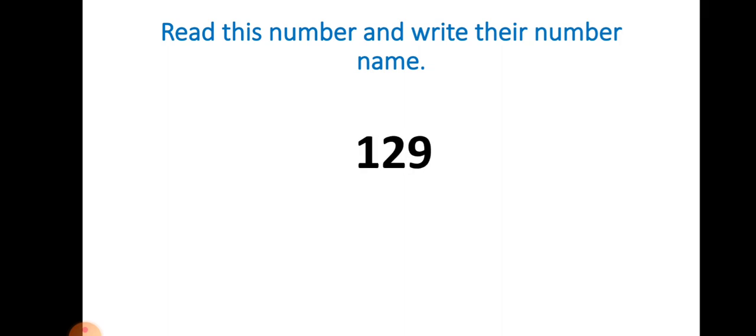Dear students, the next number is also 3 digit. 1, 2, 9. So let's divide in places. The last number 9 is in ones, after ones comes the tens place, and before tens is the 100 place.